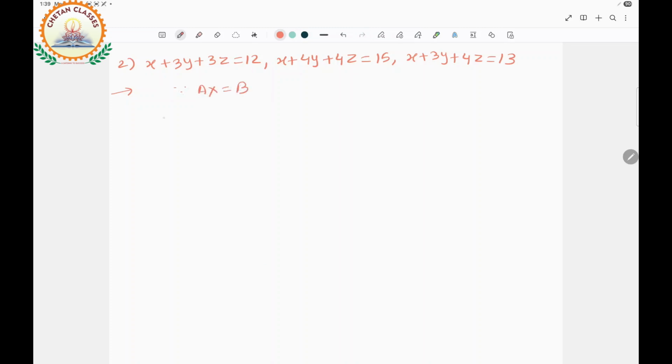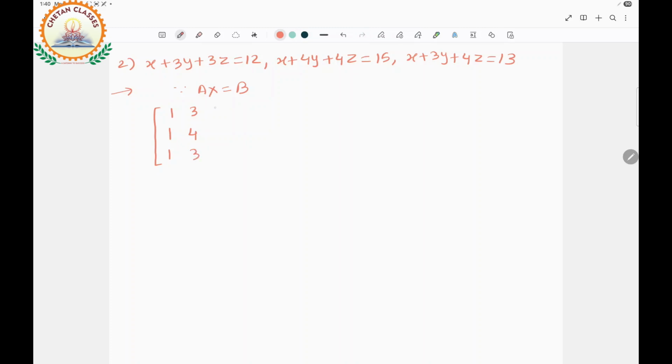So since AX is equal to B, A means coefficient matrix. First column of matrix A is coefficient of x. So first equation coefficient of x is 1, second equation coefficient of x is 1, and third equation coefficient of x is also 1. Now second column means coefficient of y. So in first equation coefficient of y is 3, in second equation coefficient of y is 4, and in third equation coefficient of y is 3.